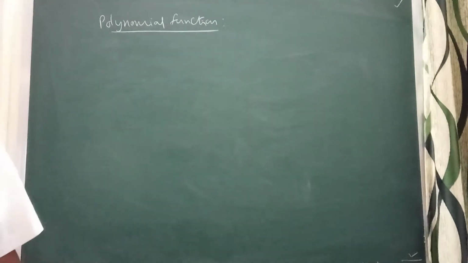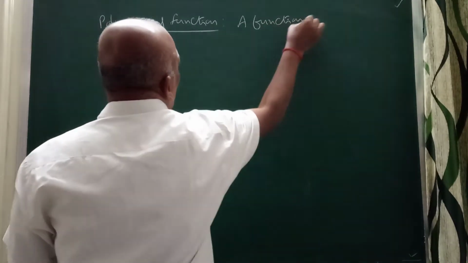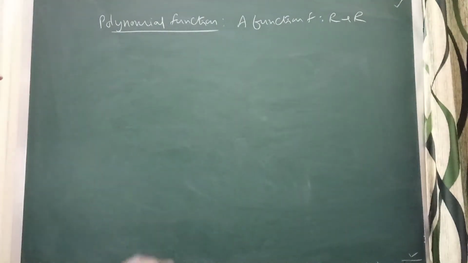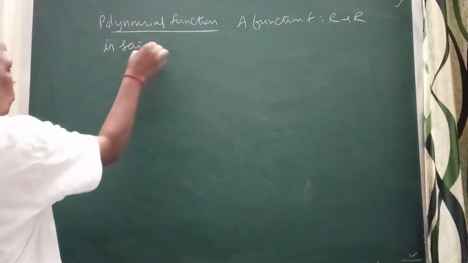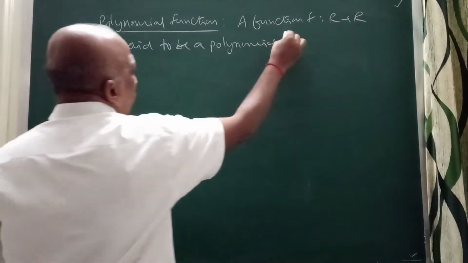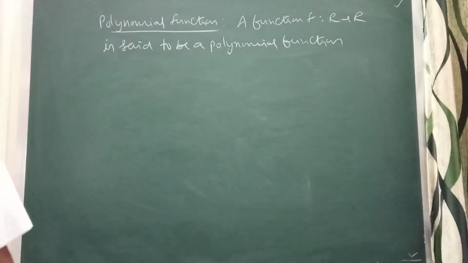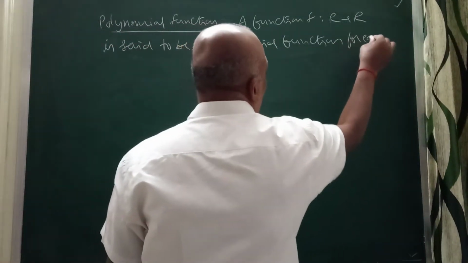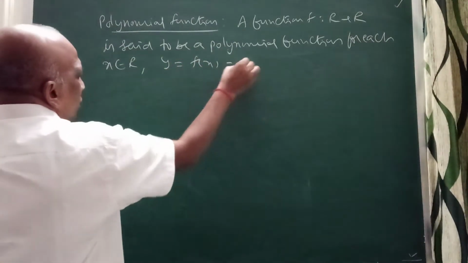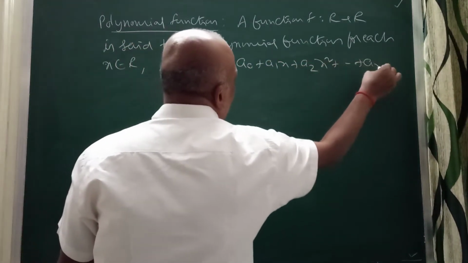Basically you can think about a function f from R to R. A function f from R to R is said to be a polynomial function for each x belongs to R, y is equal to f of x is equal to a0 plus a1x plus a2x squared and so on plus an x power n.